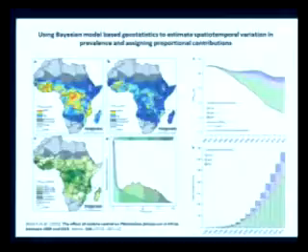So what we have here are our predictions for the relative proportional contributions of different interventions during this time period to the reduction in Plasmodium falciparum parasite prevalence. ITNs made the biggest contribution in this time period, and then we have IRS at the top and ACT in the middle there.